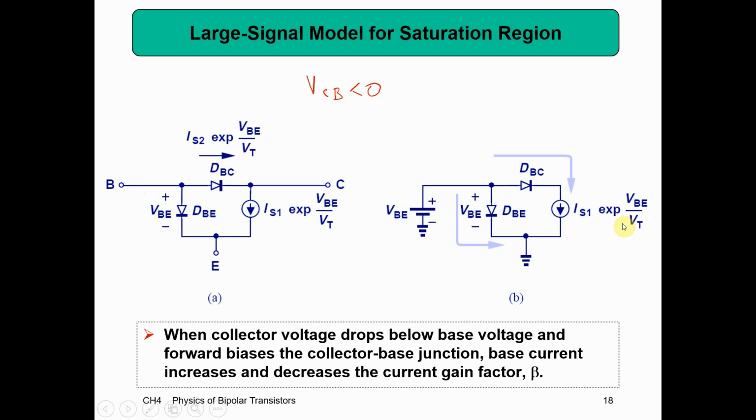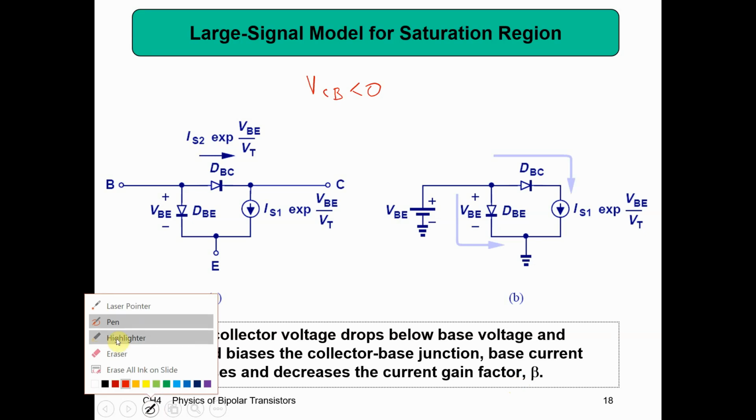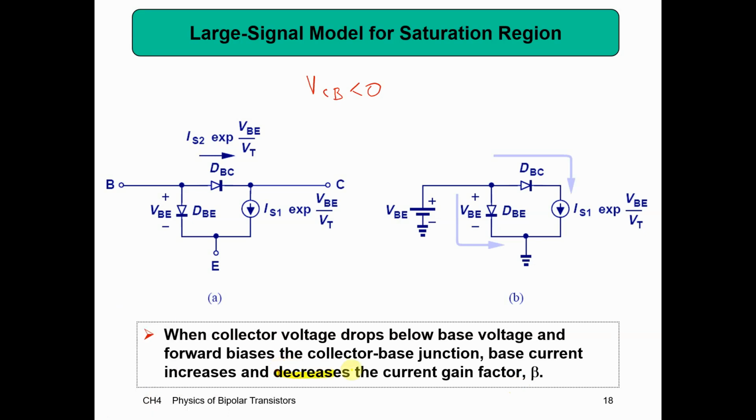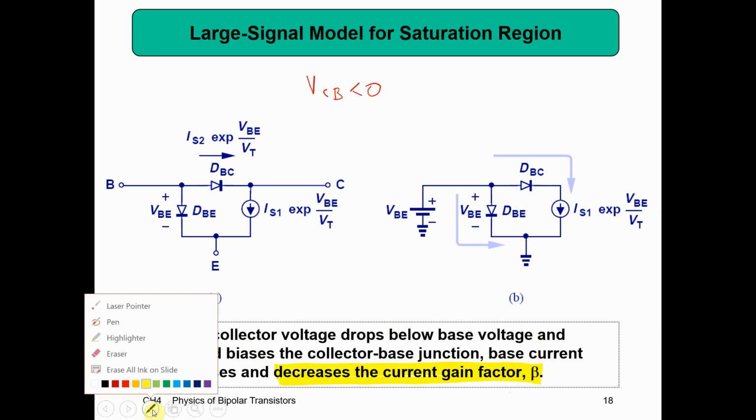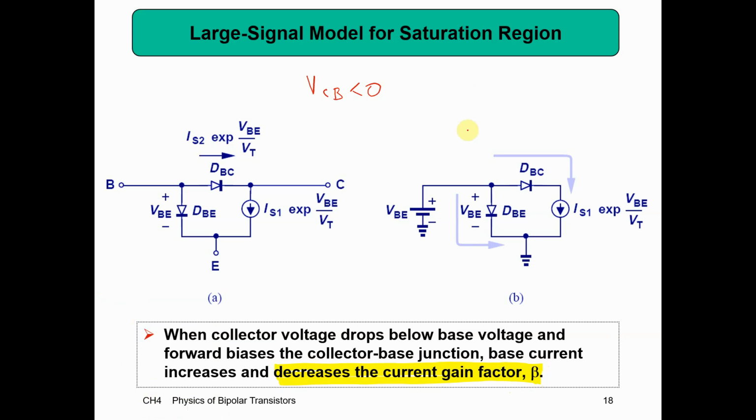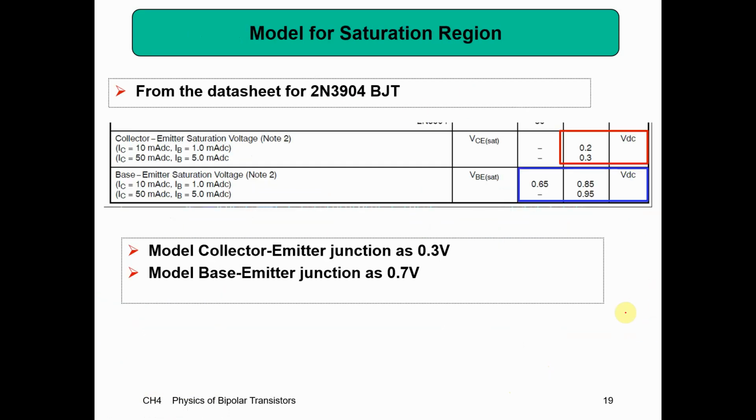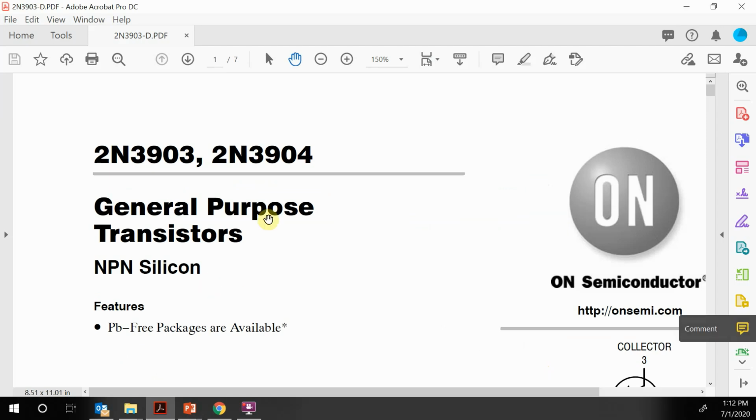And then that's going to mess up this relationship. And so you can kind of see that we're going to get a decrease in my gain factor. And so we're no longer going to be able to analyze it using my beta if we get into that saturation condition. So let's go and look at our data sheet really quickly.